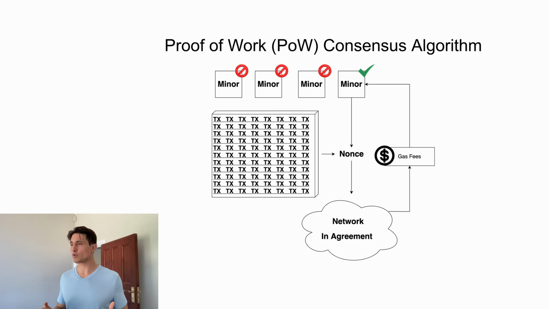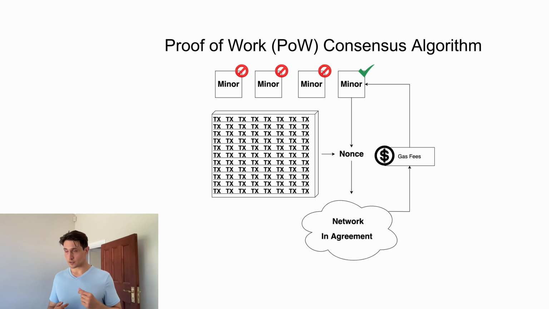So how does proof of work work? Well, when we want to mine the next block, then transactions will be taken out of the mempool, they'll be ordered, and they'll be added into the next block. At that point, miners will start competing with each other to run a very complex series of calculations that will eventually lead them to the next nonce number in the blockchain.